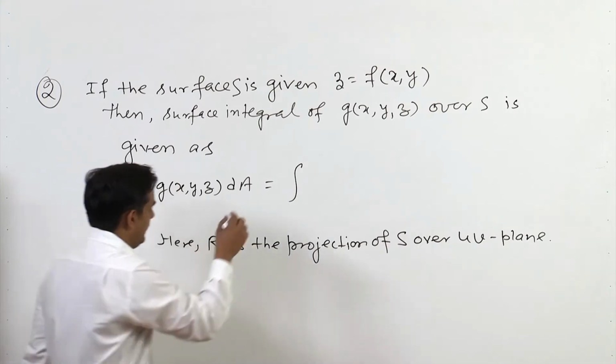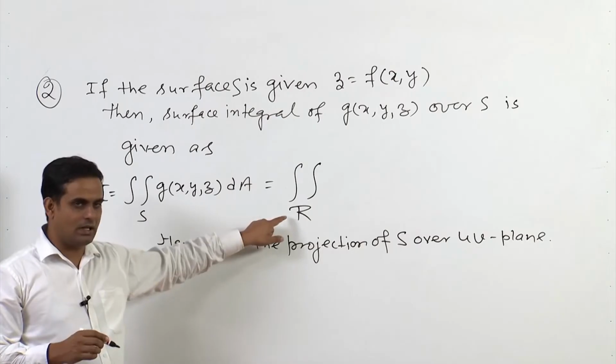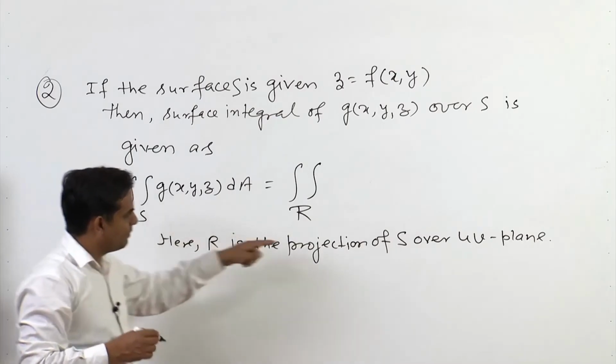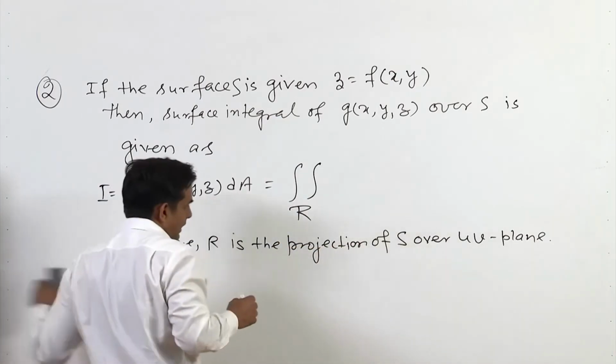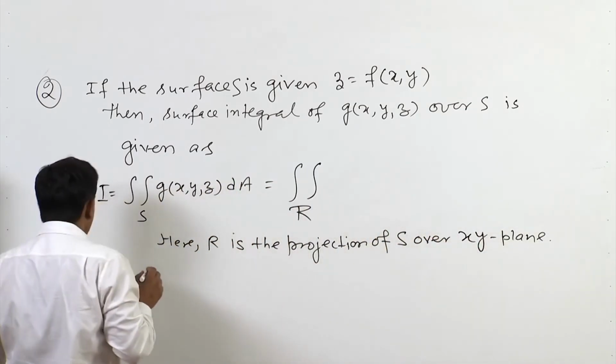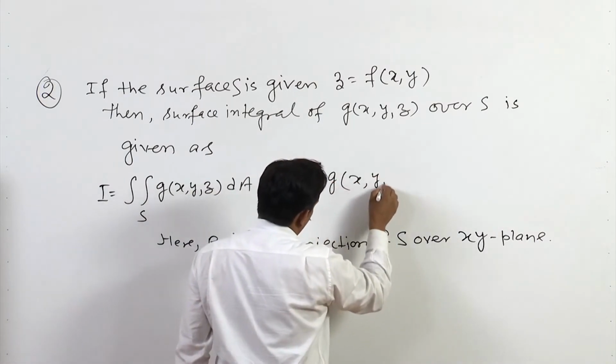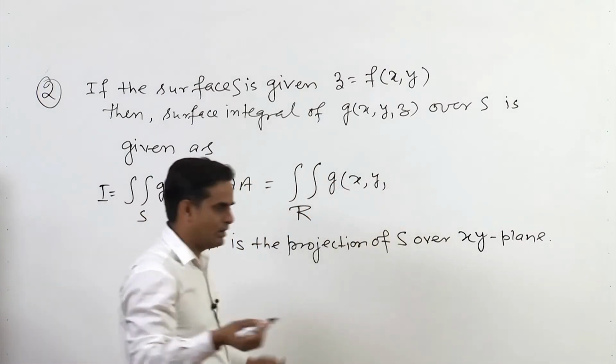So here I will evaluate this double integral over a region R, where R is the projection of S over the xy plane, and then I can write g of x, y and z as f of x y.